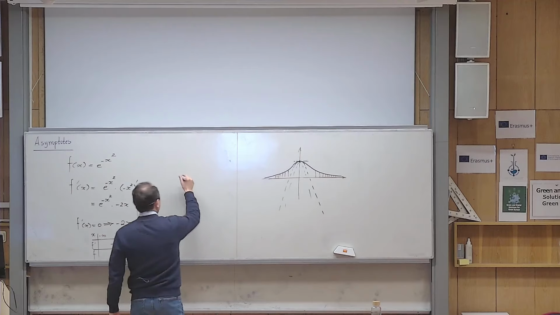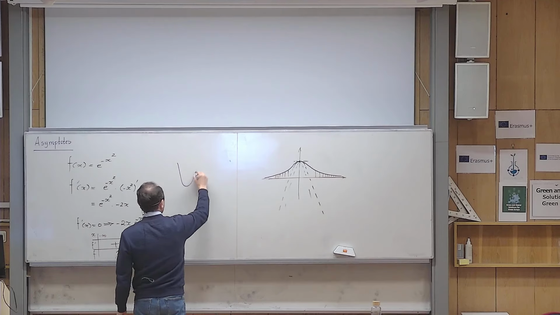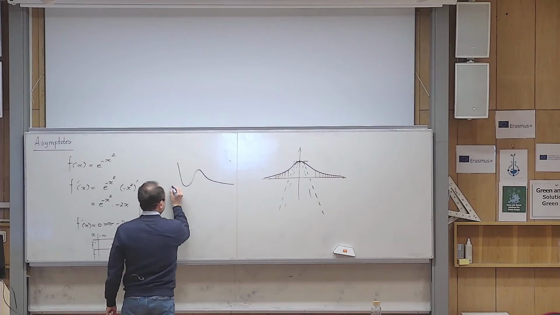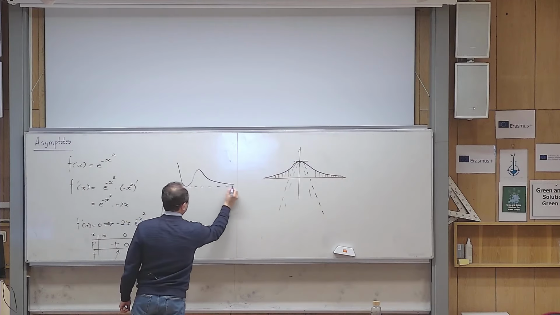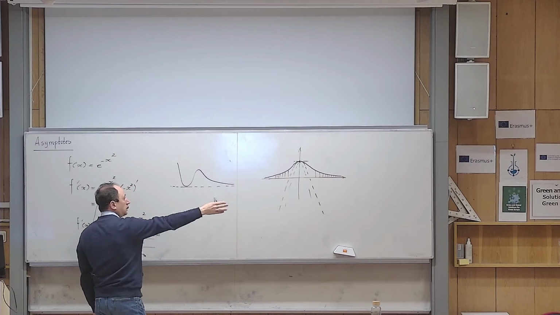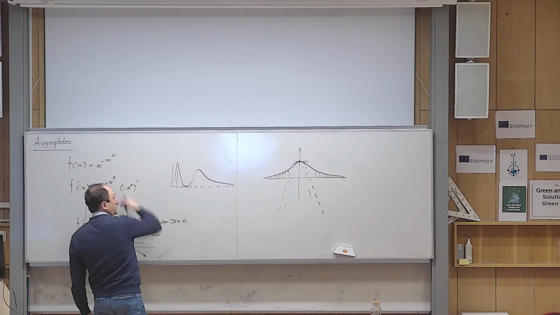Might be I have this scenario, might be I have a graph like this. Then this straight line that you see here is playing the role of an asymptote, but only on the far right end. Because to the left, the deviation is becoming bigger and bigger when I go to the left.